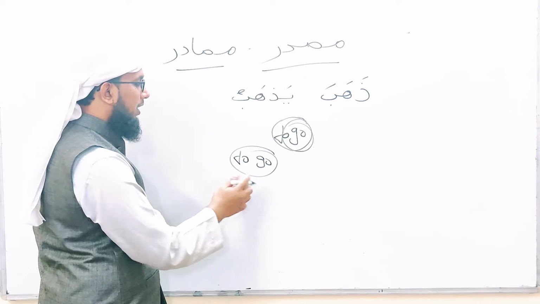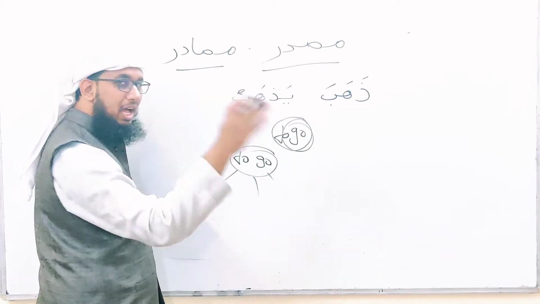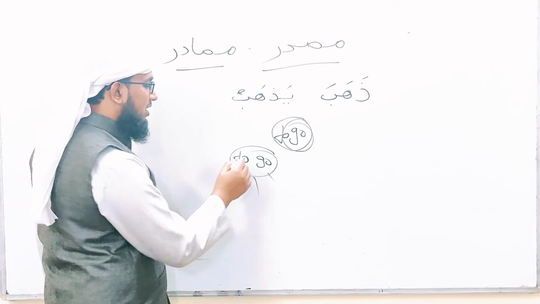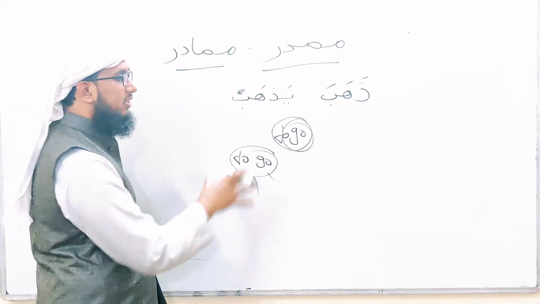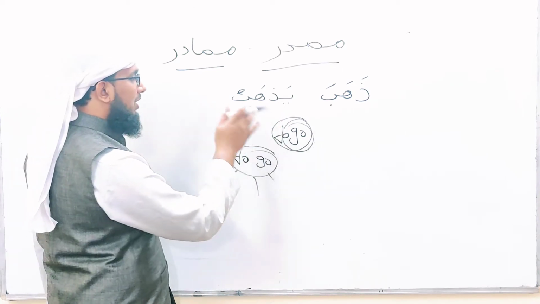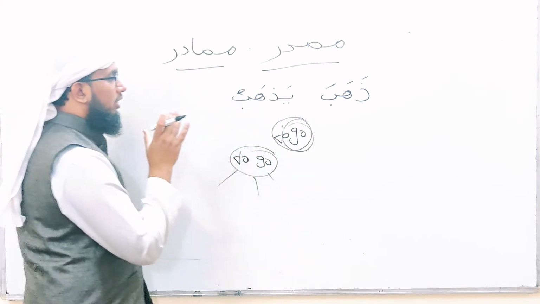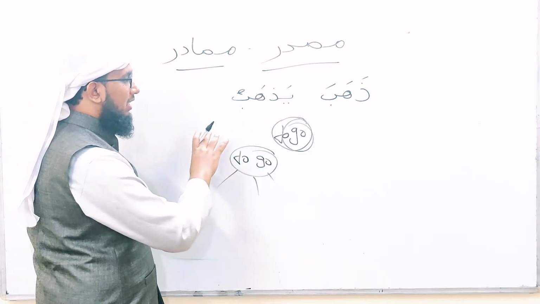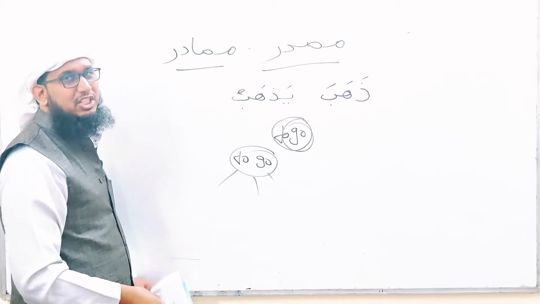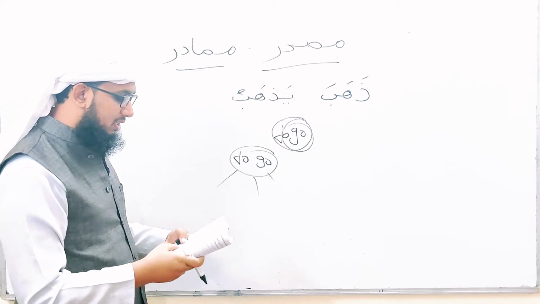From this we make he goes, he is going, go as an amr. Okay, so this is the source, to go. It is the idea of this fi'al. So zahaba yadhabu is the fi'al, and the masdar is what describes that action, what gives us the idea of that action.